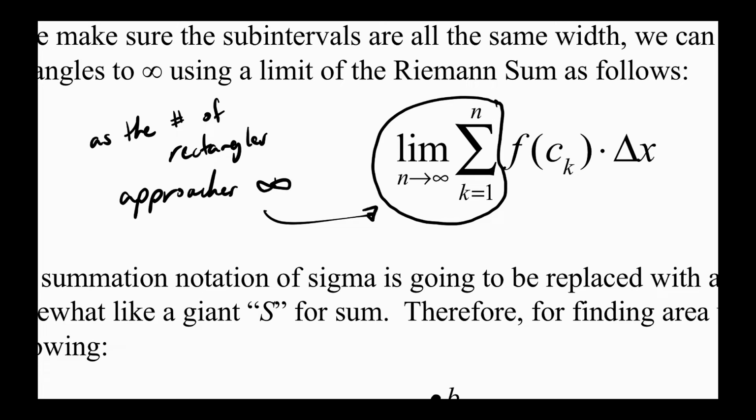Okay, that's what this part means, right? To find the perfect area, to find the area and not overestimate or underestimate, I have to have an infinite number of rectangles. That's what this part means here.